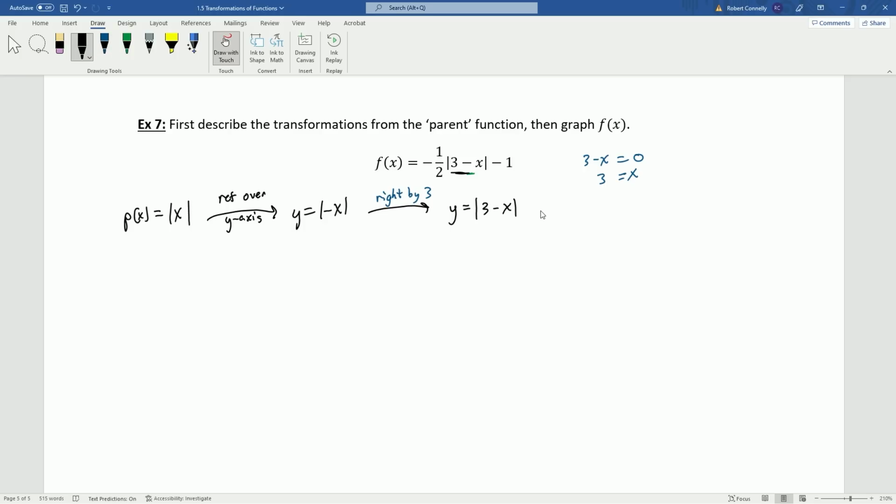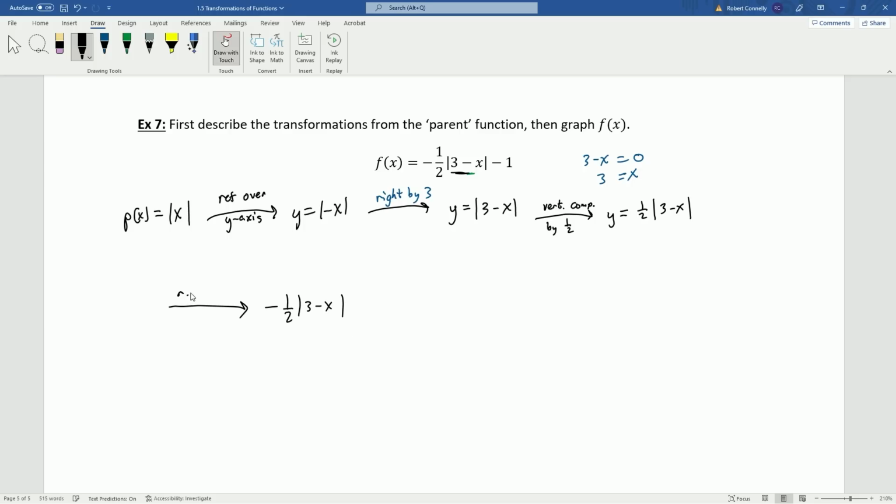Okay, what's next? Well, now we've got a 1/2 in front. So that's a vertical compression by 1/2. And then we're multiplying that by -1.